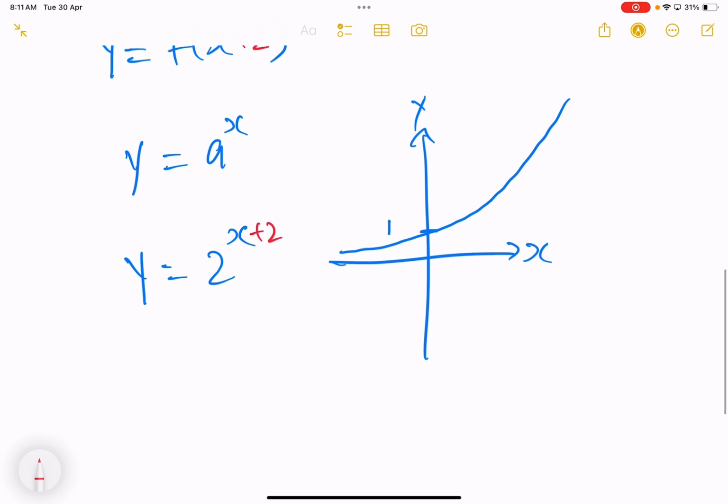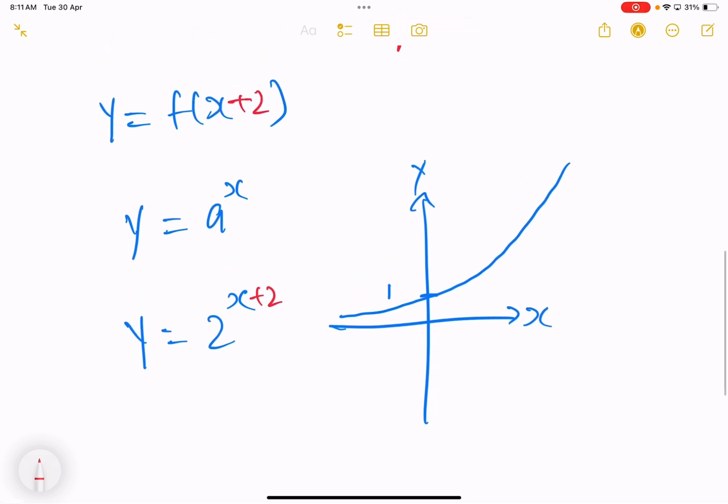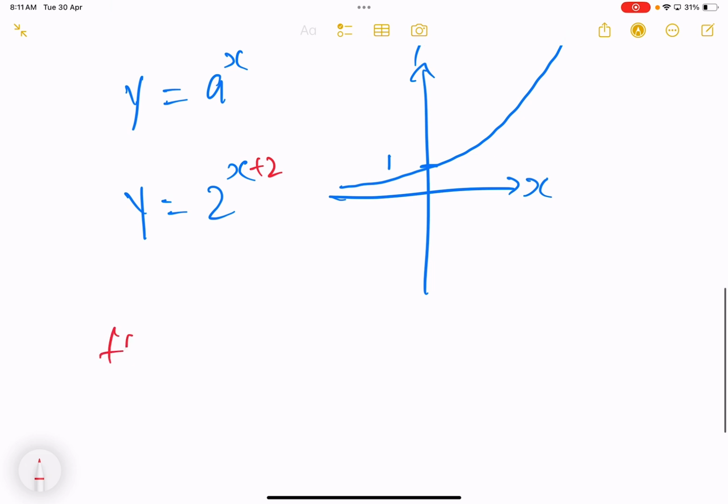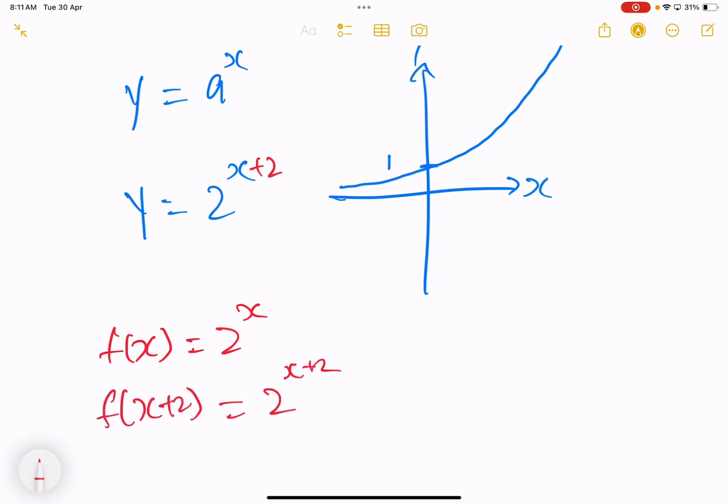This is our f(x), because this is the same as saying that f(x) is my parent function 2^x. So when I have f(x + 2), it becomes x + 2 over here. Can you see that? This is something that you must understand, and it's very confusing for many people who are doing translation. Translation is basically the shifting of graphs.